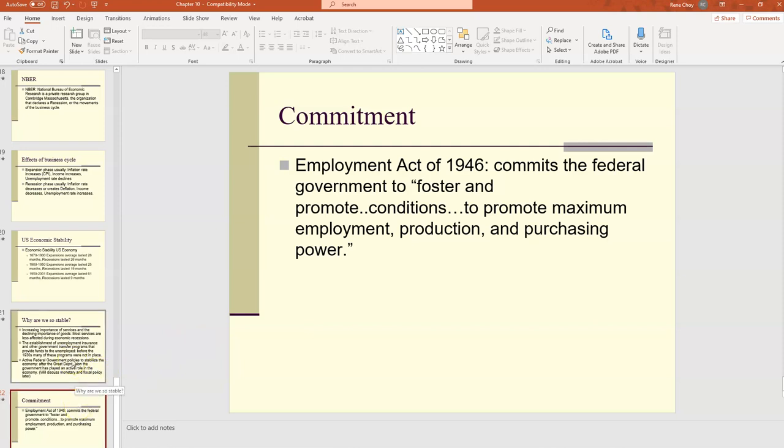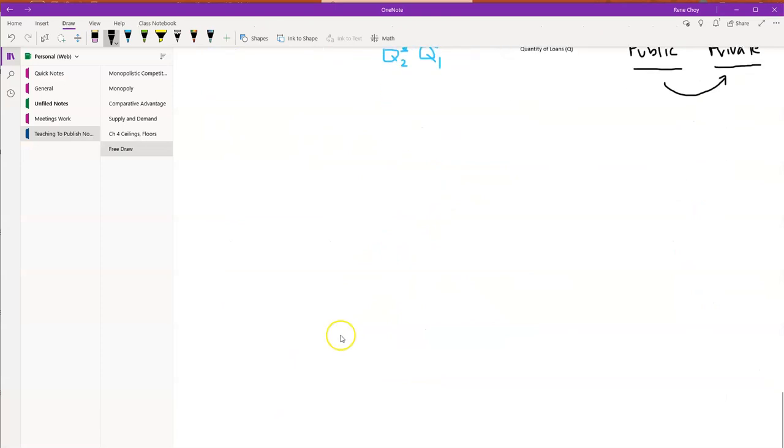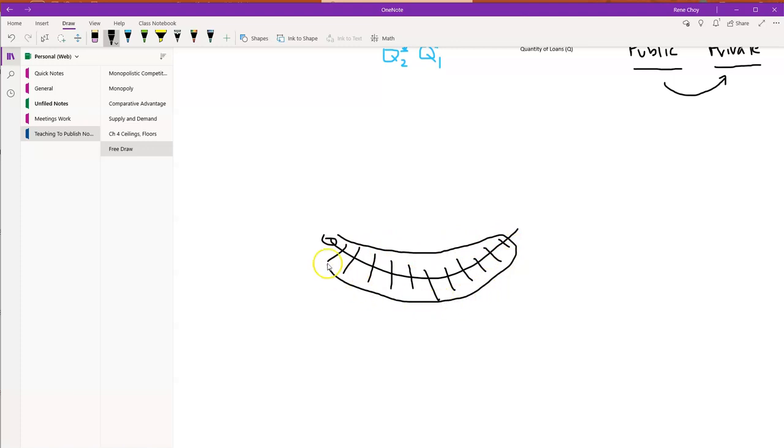The biggest thing that the government has created, by the way, is what we like to call a social safety net. It's a set of programs that are basically created. And by the way, I am trying to draw a net here, and as you can see, I'm not very good at it. But the government has created all these social safety nets that basically catch you as your income decreases.